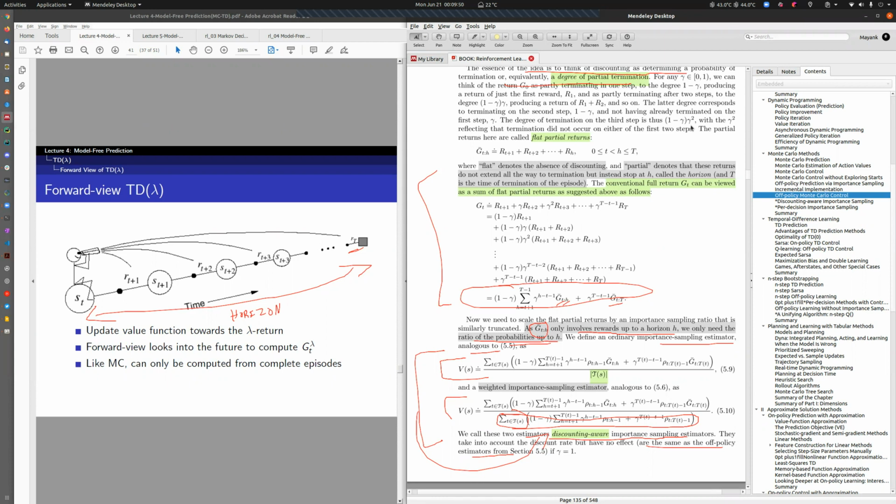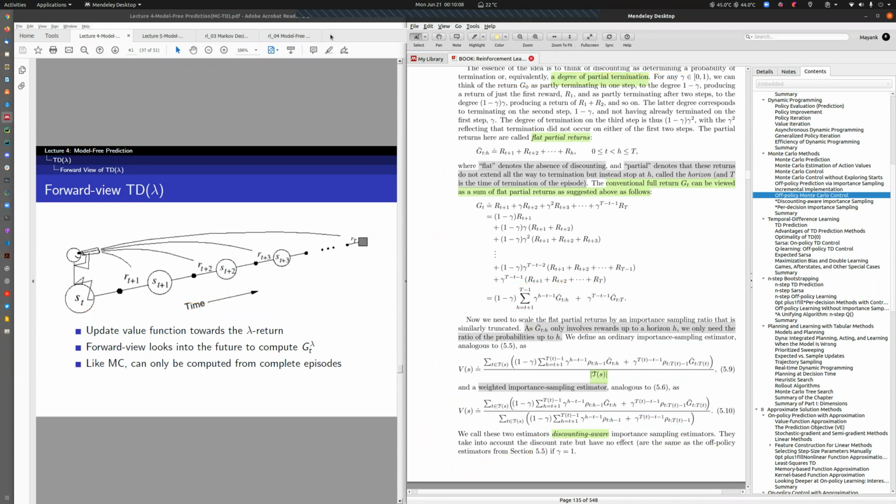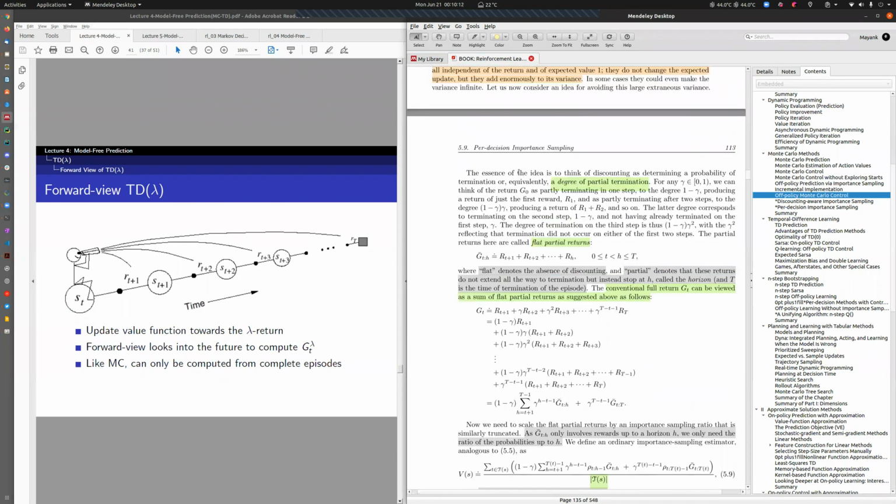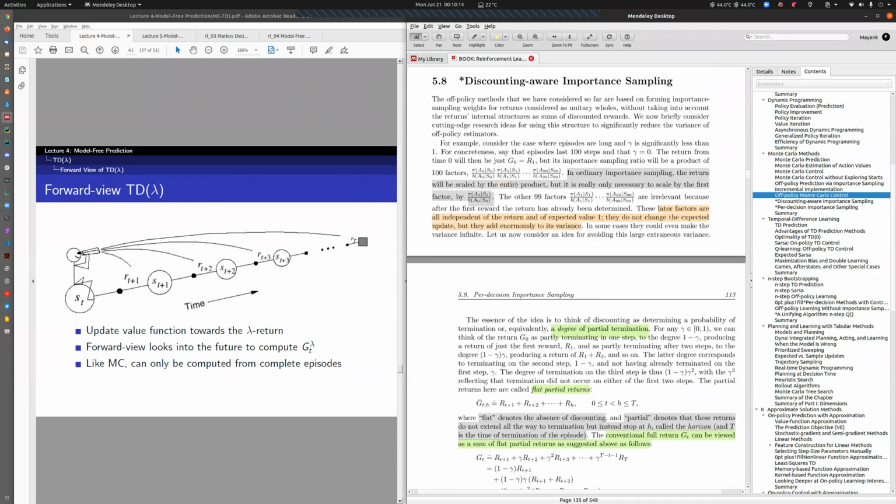How can we look at what discounting means in this case?